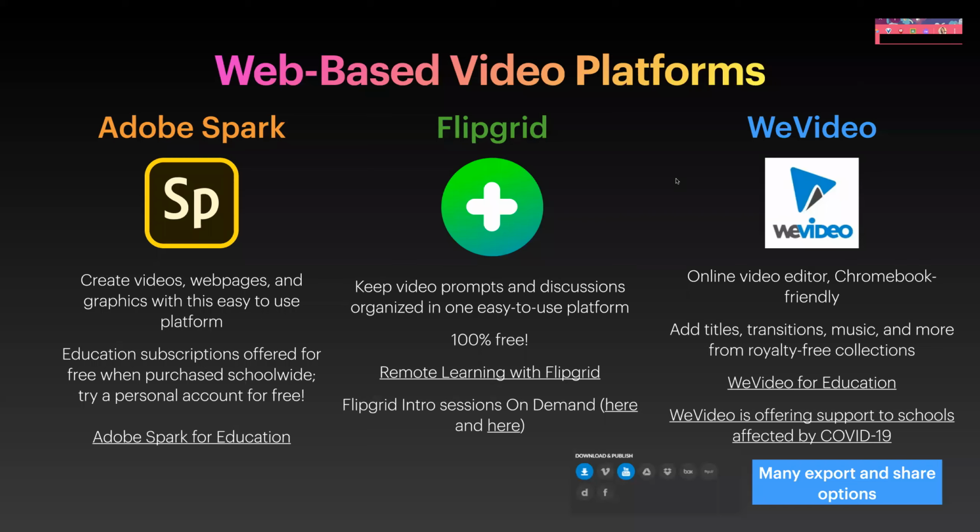If you are working on Windows or if you're working on a Chromebook primarily, WeVideo is a pretty high functioning video editor that is completely web-based. You can record video, bring video clips in, add titles, transitions. They have royalty-free collections of music, background music, and actual video clips as well.